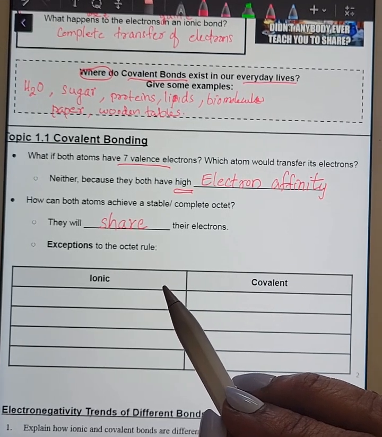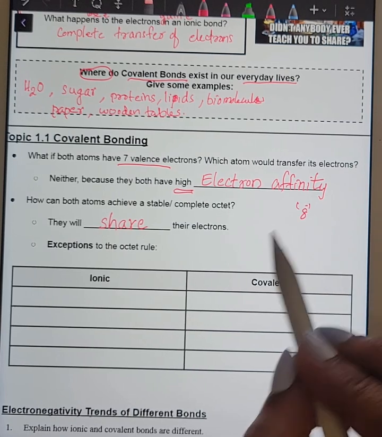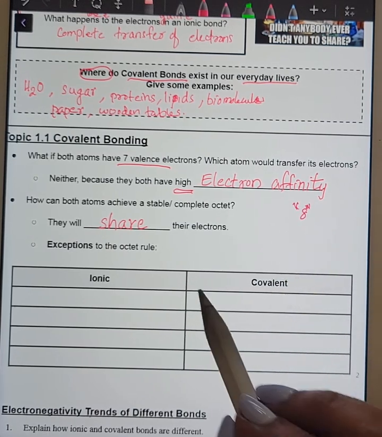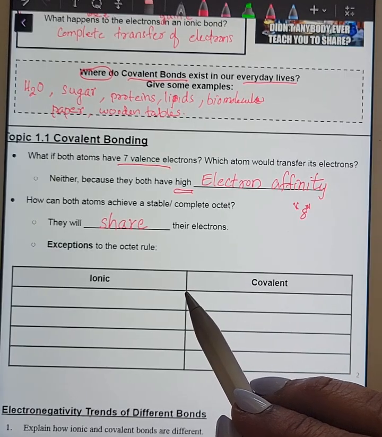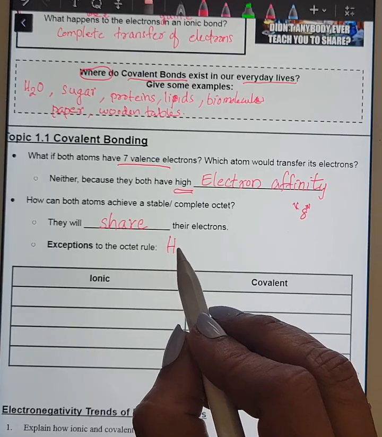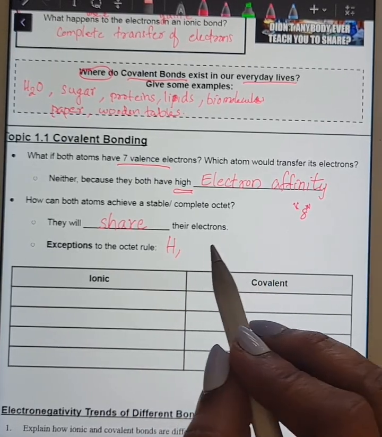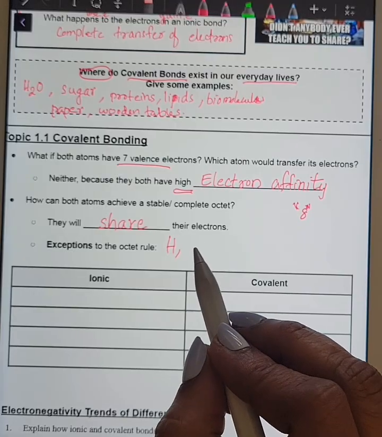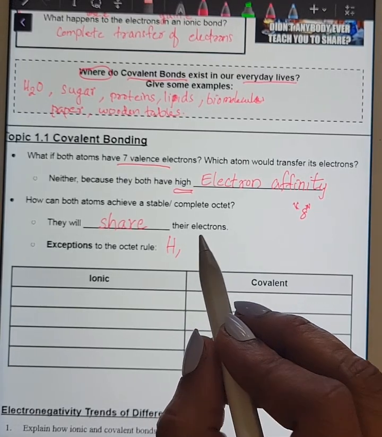There are a couple of exceptions to the octet rule. We said everything needs 8 electrons. Some of the atoms, because of their smaller size, couldn't accommodate 8 electrons. A very good example is hydrogen. Then helium, as you all know, is a noble gas, it won't react. Then lithium is there, but lithium usually forms ionic compounds.